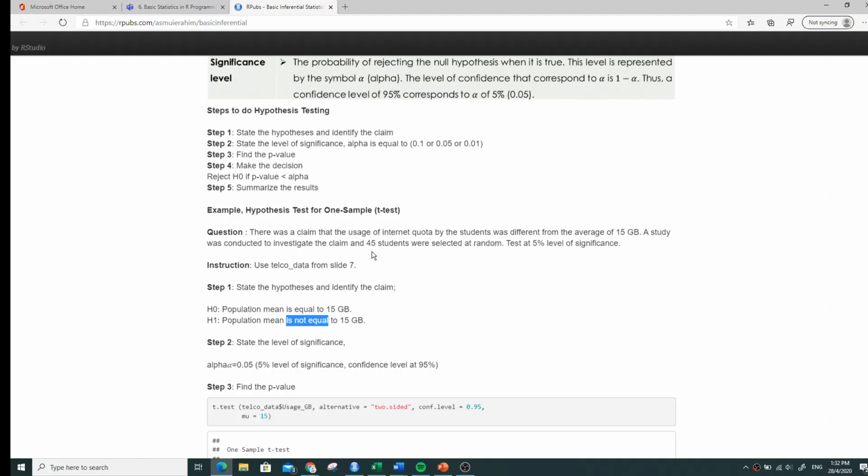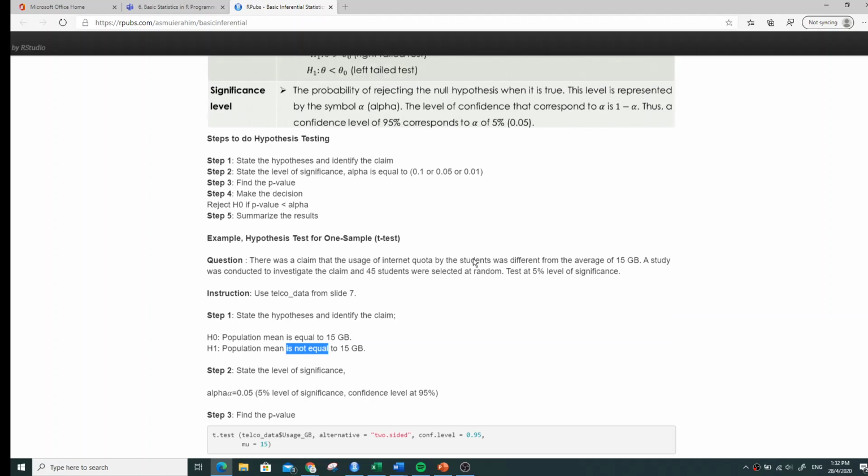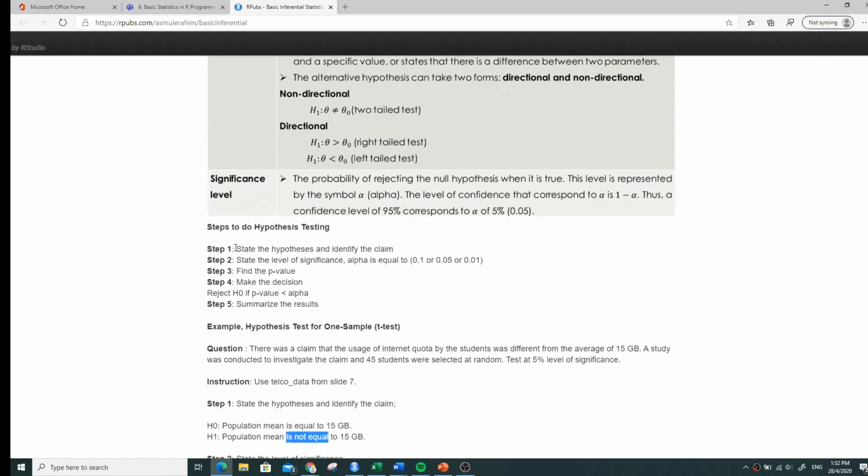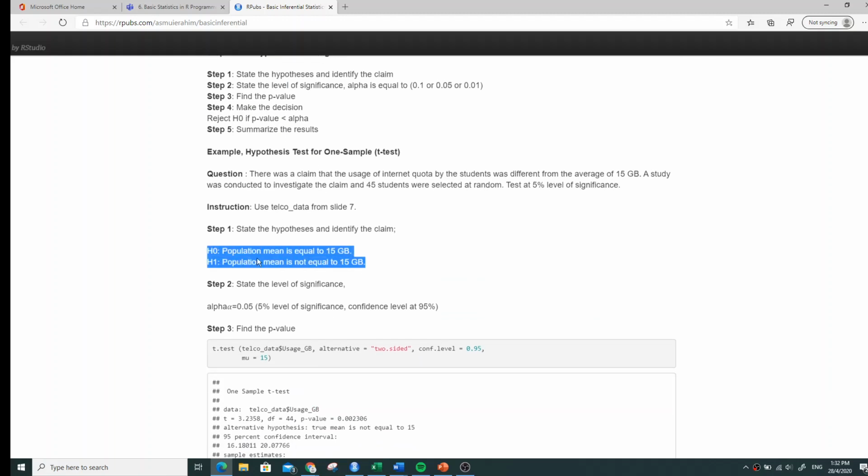We are only interested to know whether our sample can infer that the population mean is different from 15 GB, based on our sample information. So in step 1, you need to have two hypotheses, where the first hypothesis is always equal, and the alternative hypothesis must be according to your question. So read the question carefully.